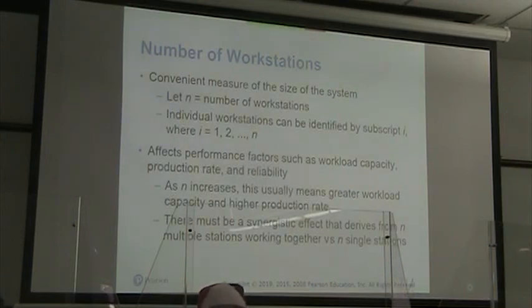So as our N increases, that means that we have greater workload capacity and a higher production rate.